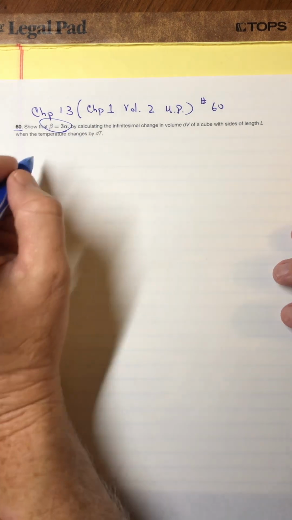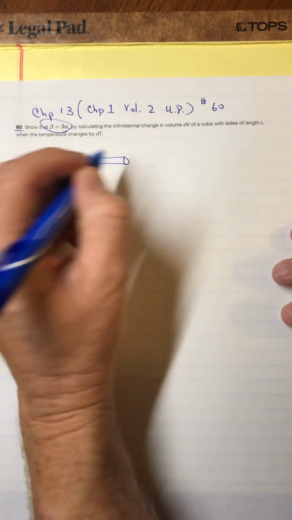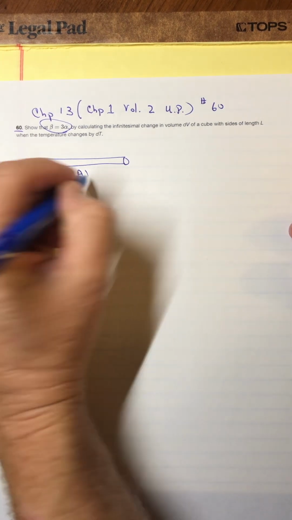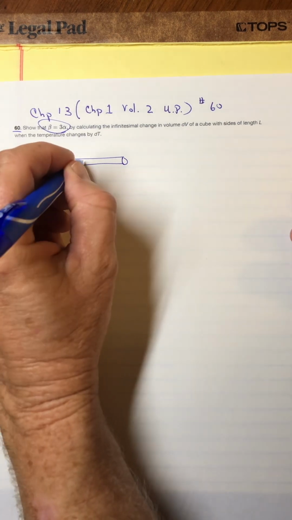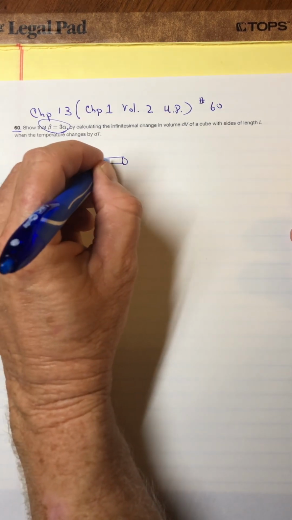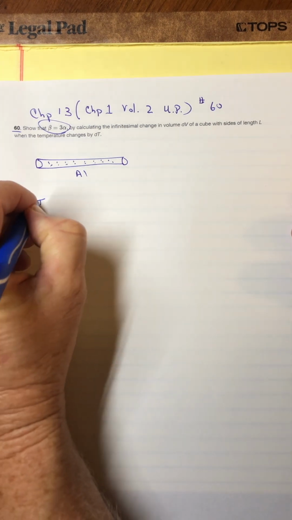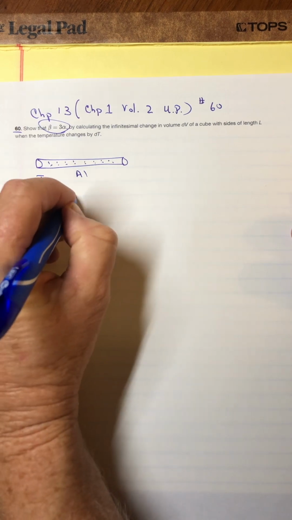Just as a quick review, if we had something of length, it doesn't matter what the material is, but I'll just say aluminum. Recognizing that this rod is made out of a bunch of aluminum atoms, when you heat it up, so the temperature goes from some initial to some final, delta T, the molecules are going to move faster.